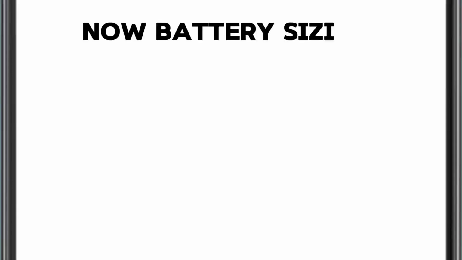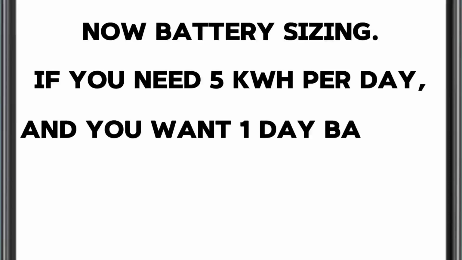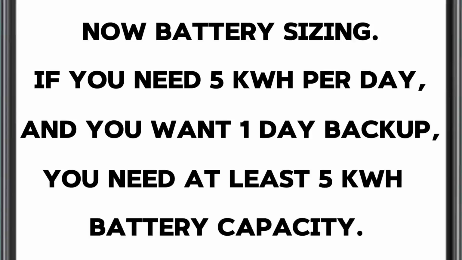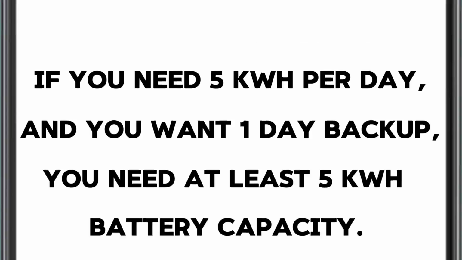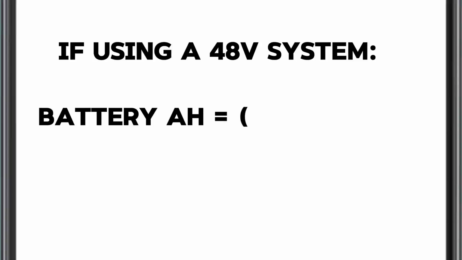Now battery sizing. If you need 5 kilowatt hours per day and you want 1 day backup, you need about 5 kilowatt hours battery capacity. If using a 48 volt system, battery amps equals 5000 divided by 48.